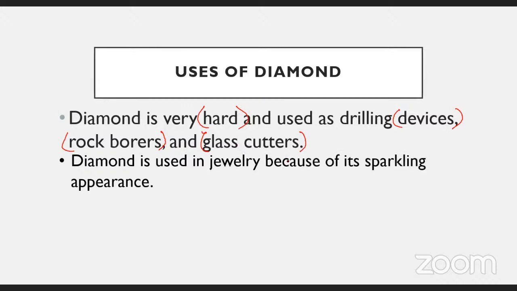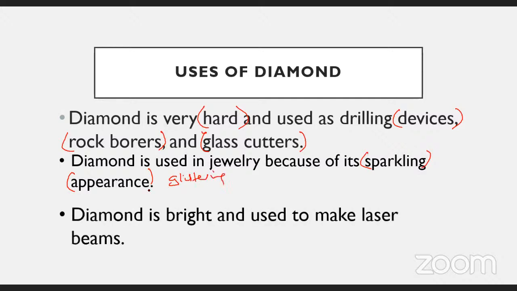Diamond is used in jewelry because of its sparkling appearance. We said it sparkles, and at times we can use the word glittering. Diamond is bright, because of being transparent, so it is used to make laser beams.